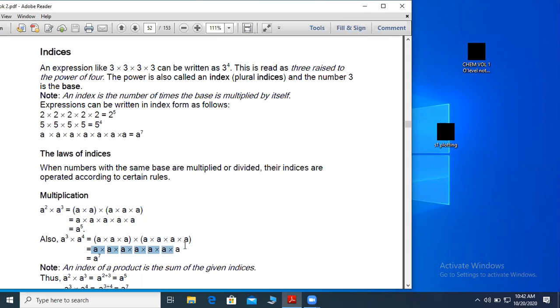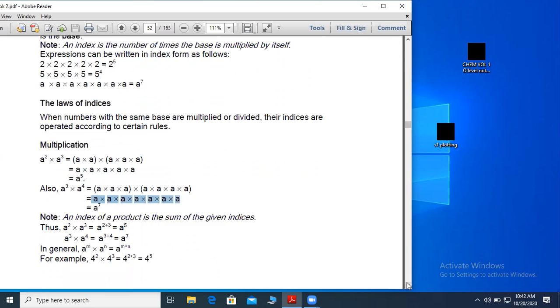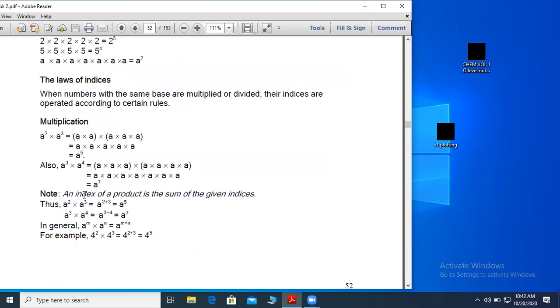A multiplied by itself 7 times. So what are we going to note from this multiplication rule? We are going to note that an index of a product is the sum of the given indices.